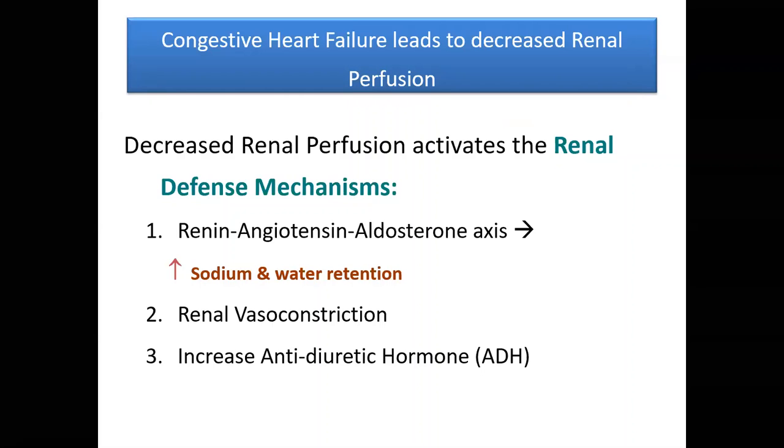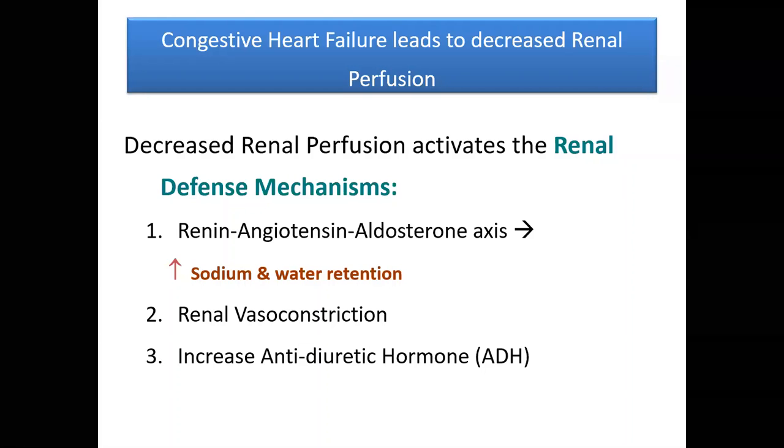All three of them, as you already know, will lead to more water in the body, and that will lead to increased hydrostatic pressure, and that will lead to edema. Antidiuretic hormone, as the name indicates, prevents water from going out. Aldosterone, we just discussed, will prevent sodium from going out, and that will lead to more water inside the body.